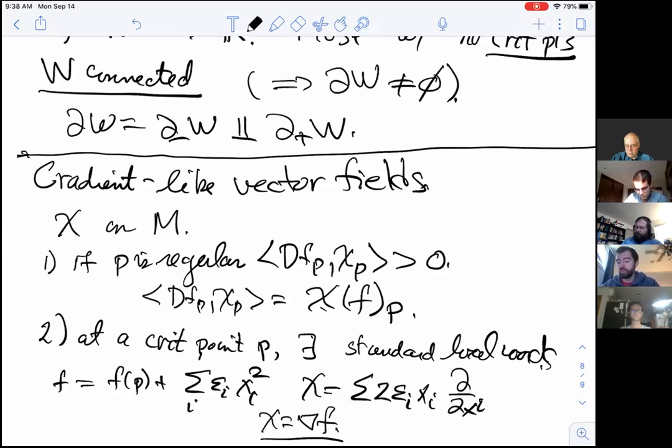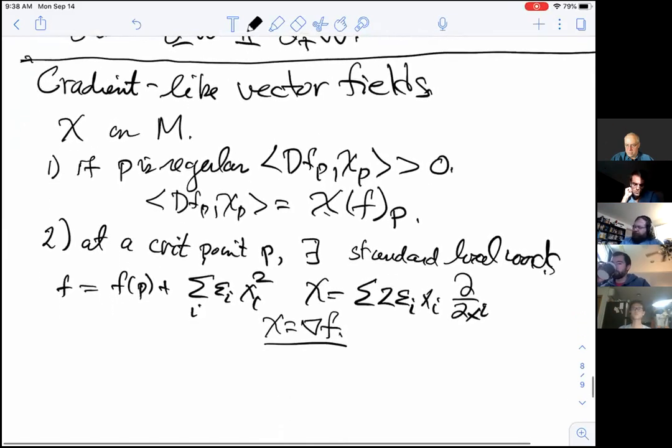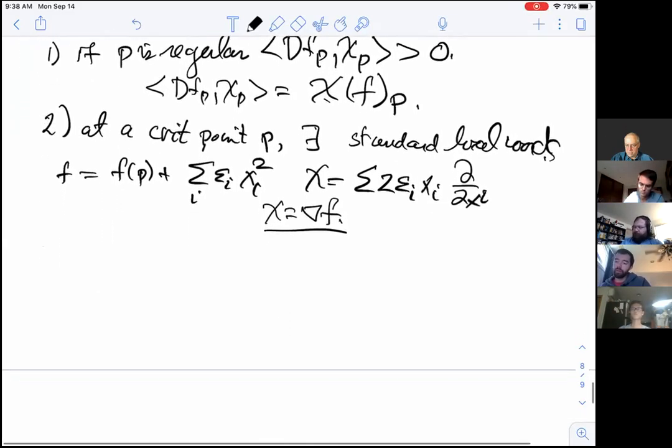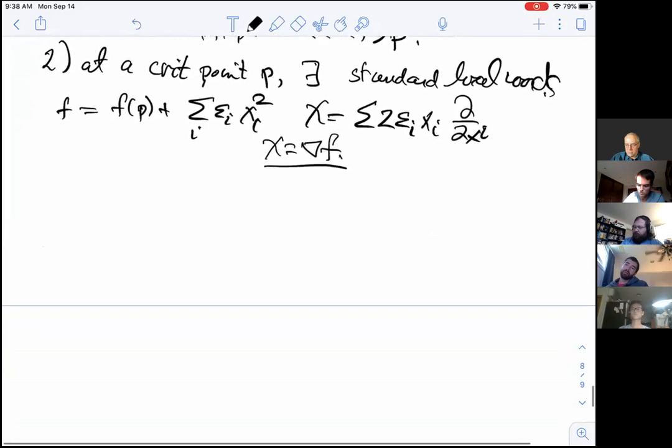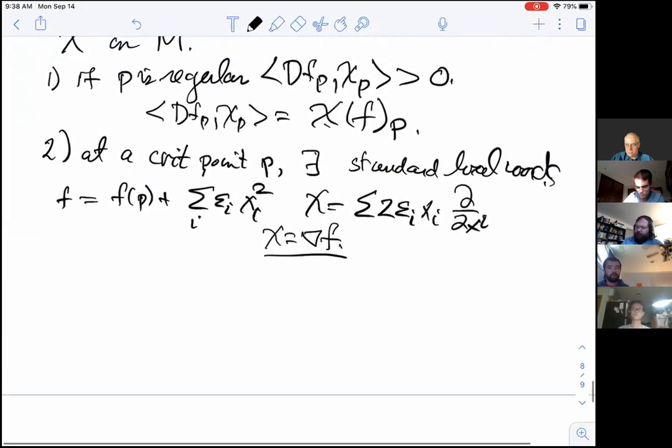So we have two conditions: a local condition around every critical point with respect to some standard coordinates, and a positivity statement everywhere it's possible, that is, at all regular points of the function.